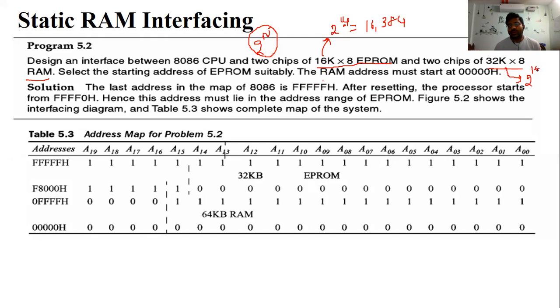Out of 20 address lines, we use only 14 address lines to connect the 16K EPROMs, and 15 address lines to connect the 32K RAMs. It's simply the 2 power n formula. Whenever you use 2 power n, this n is the number of address lines, and this 2 power n value is equivalent to the memory size.